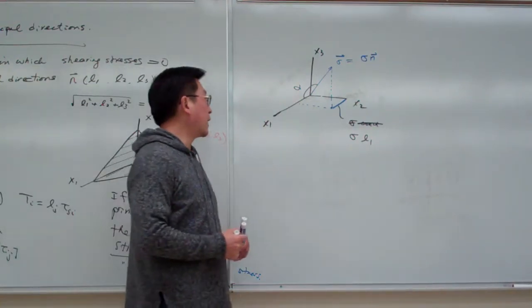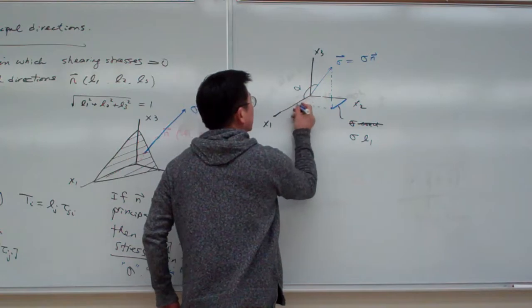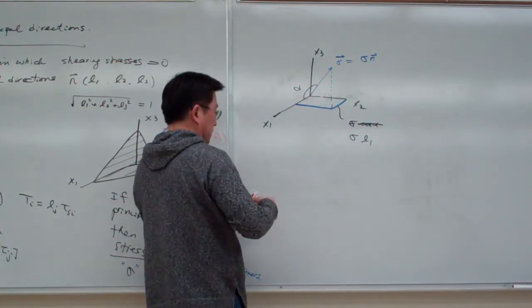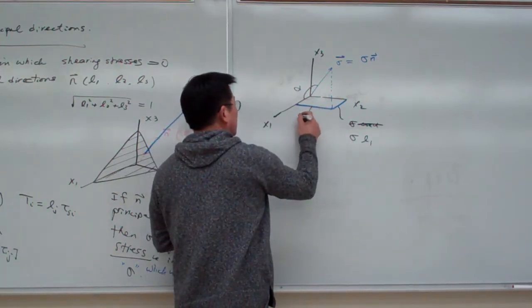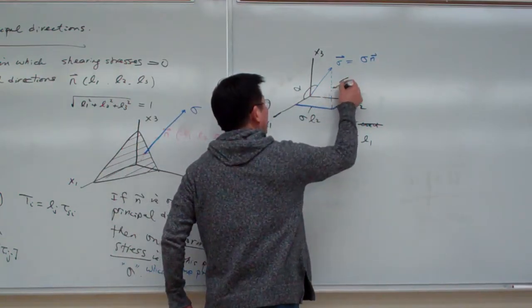So the projection is sigma L1. This quantity is the projection into the x2 direction, which is sigma times L2. The vertical one is the projection into the x3 direction, sigma L3.